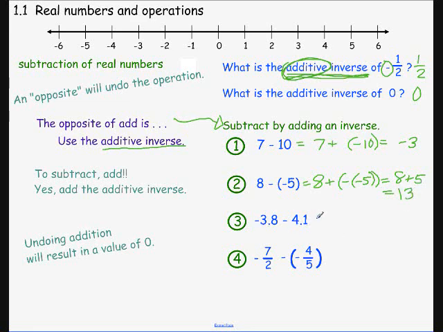How about this one? Rather than subtracting, we're going to add, so we're going to have a negative 3.8. And to that, we're going to add the additive inverse of a positive 4.1. So that's going to be a negative 4.1 is the additive inverse.